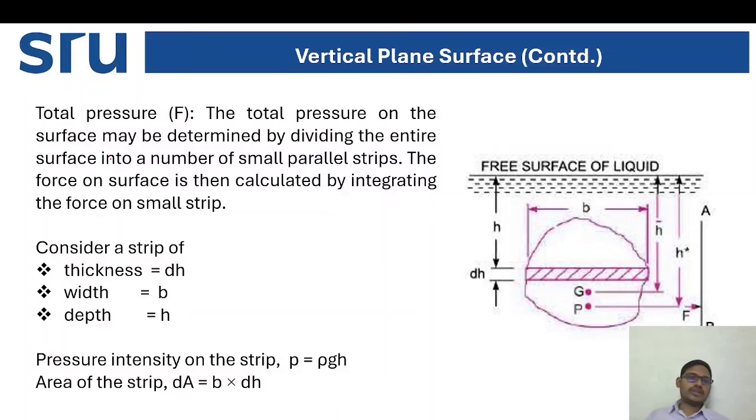So now another one, we are going a little forward. Total pressure. The total pressure on the surface may be determined by dividing the entire surface into a number of small parallel strips.